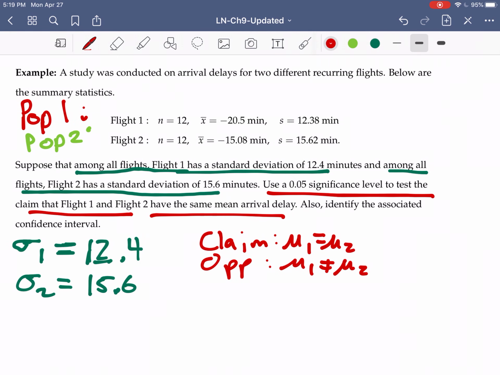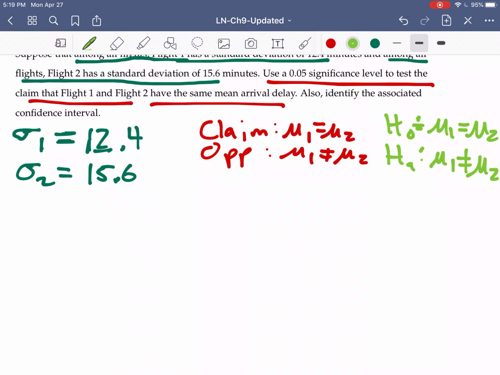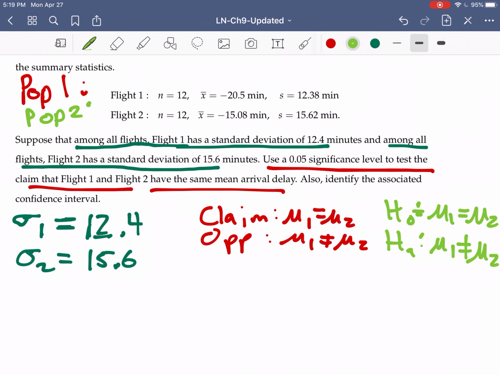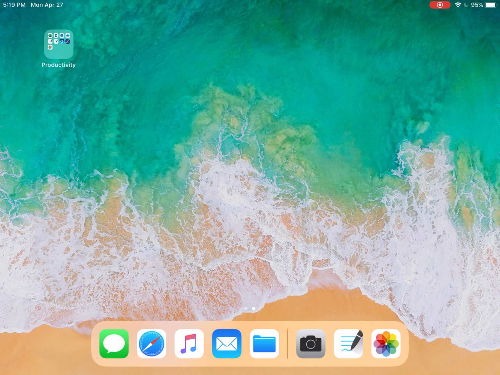So from this, our null hypothesis is mu1 equals mu2, and the alternative is mu1 not equal to mu2. So this would be a two-tailed test. We're going to go to StatDisk with all of these values, and let's roll with it.